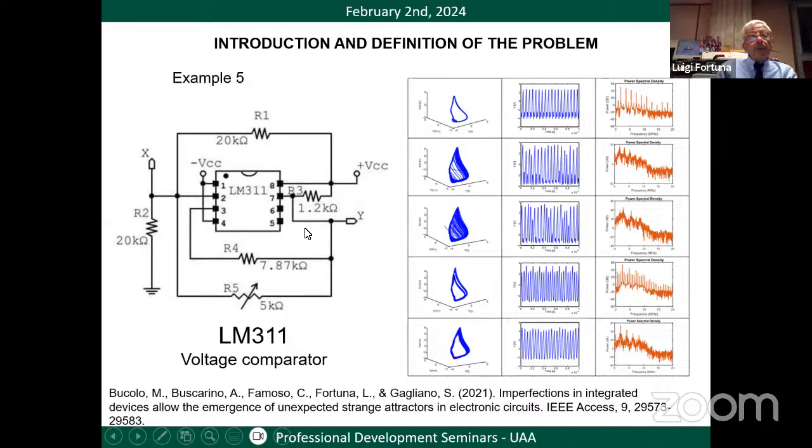But it is impossible to foresee this behavior in the circuit, because we do not have reactive components externally in this circuit. So the parasitic components inside the circuit allow us to use this voltage comparator to derive a chaotic oscillator.